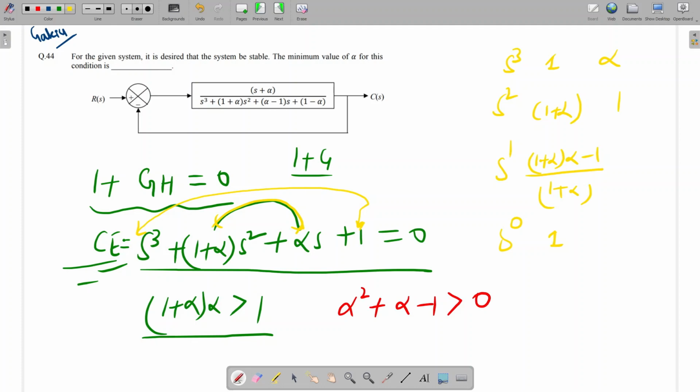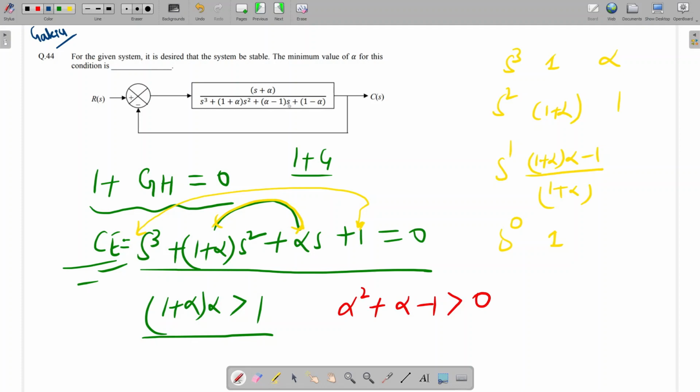One second, I will check it once. The characteristic equation, see, we are doing 1 plus GH. So s cube plus (1 plus alpha) s square, correct?